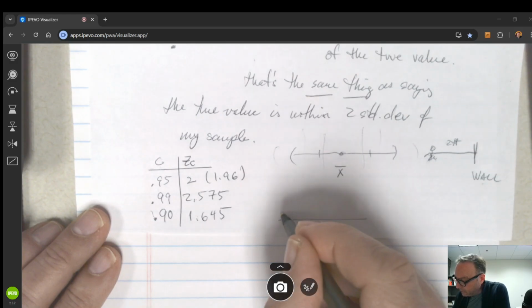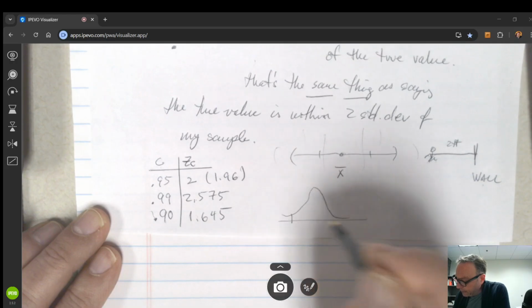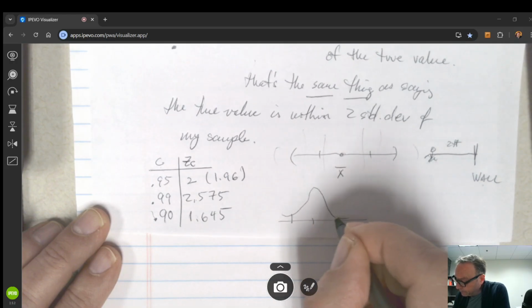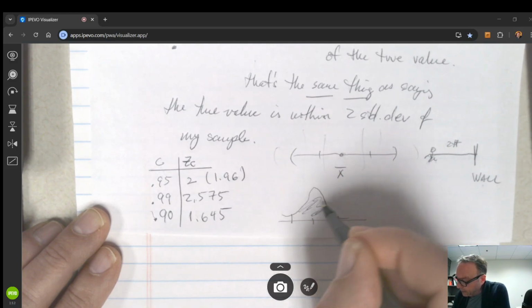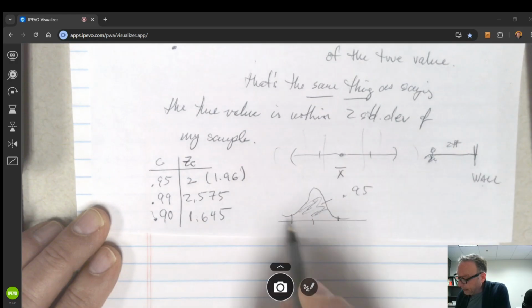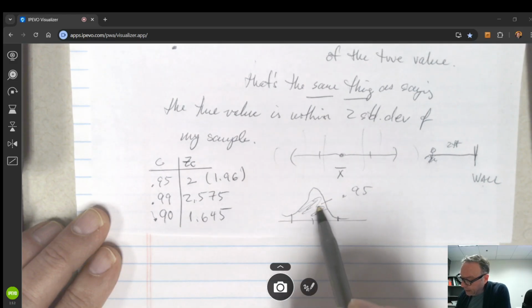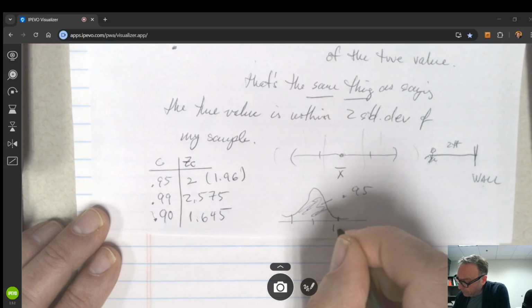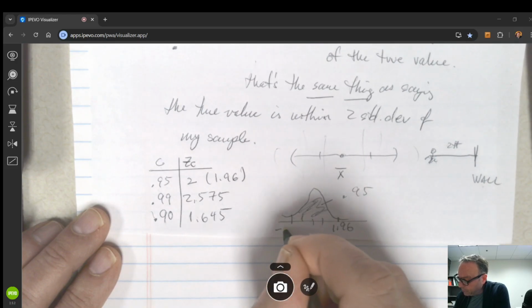If you look, this is a Z distribution. If I get 95% of the data, 0.95, like in your StatCrunch using between, then this would be 1.96 here, and this would be minus 1.96.